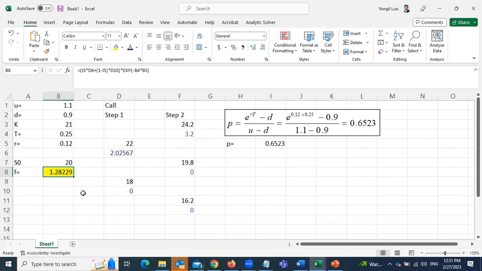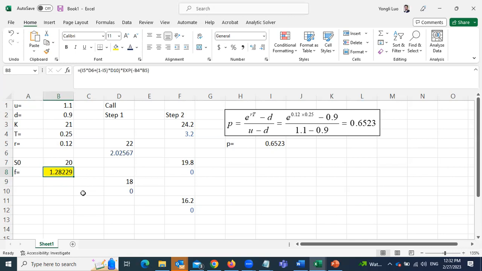Okay, is this price for a European call, or is this for an American call? Which one do you think? American call? Anyone else? Okay, it doesn't matter. Is it a call option or a European call? As I told you guys before, for a call option the price is going to be the same.